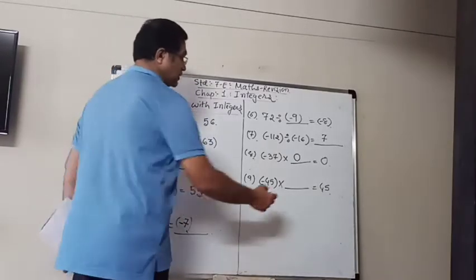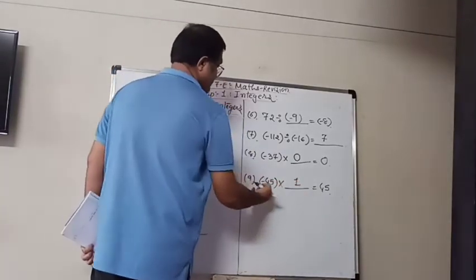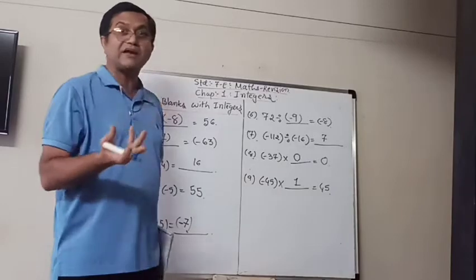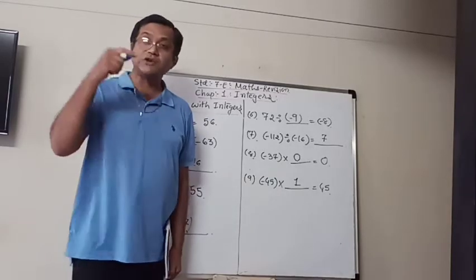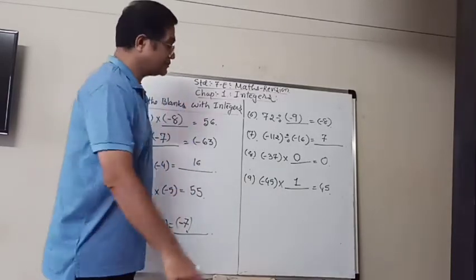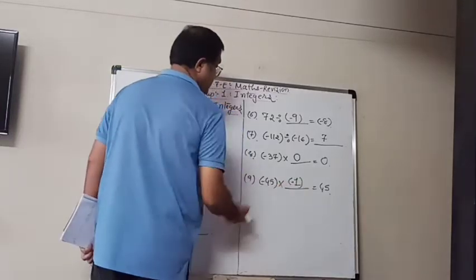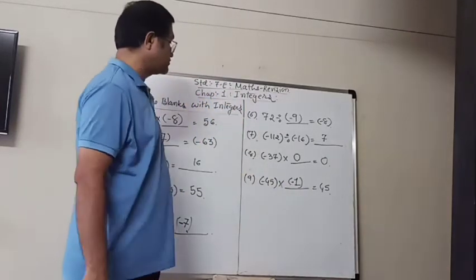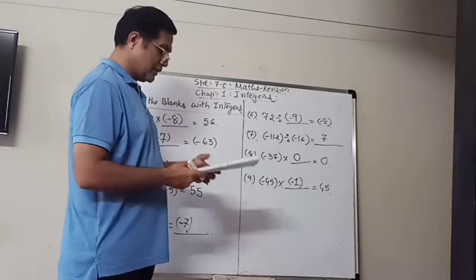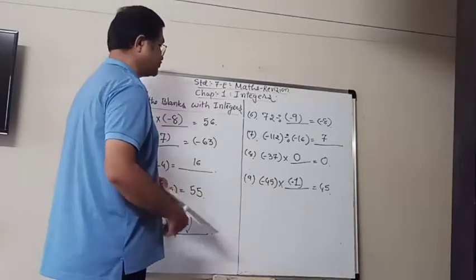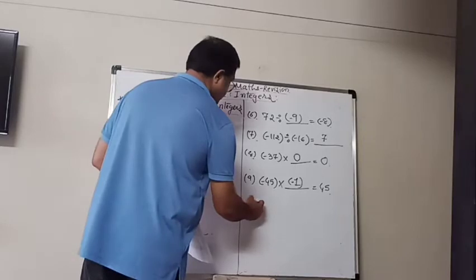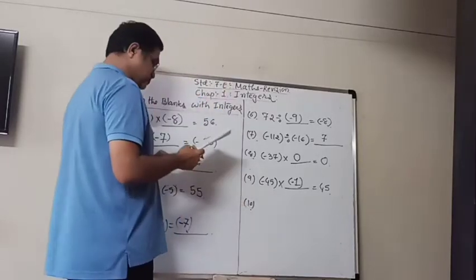So the answer can be 1. But minus 45 ones will be minus 45. So if you want to make it plus, both should be negative. So it can be only minus 1. So minus 45 multiplied by minus 1 is 45.